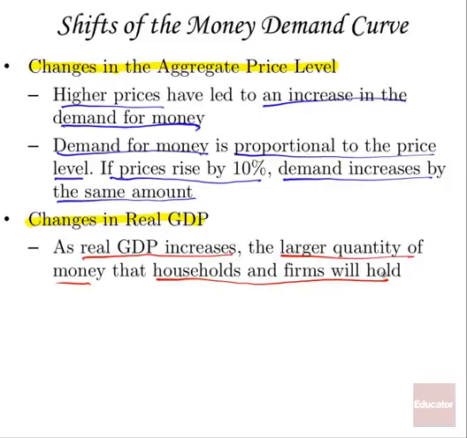Now, in this modern day and age when purchases are made through credit cards, and who knows in the future, maybe through Bitcoin, this might change a little bit. But for now, when there's a change in real GDP, again, it's hard to make that connection from 1 year to the next. But if you look back years and years, this change in real GDP is going to impact how much cash you're going to have on hand.